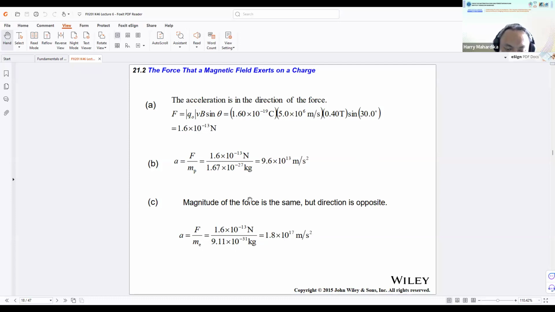The mass of the electron is much smaller compared to the proton, but the charge of the electron is the same. Therefore, since the charge of an electron has the same magnitude as the proton, the magnitude of the magnetic force will be the same, but the direction will be opposite to the proton case.